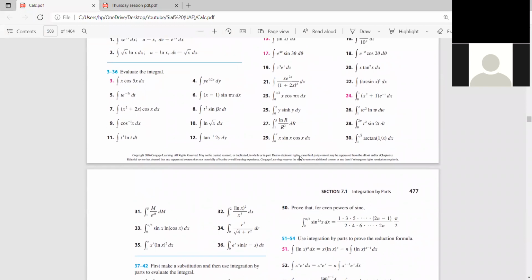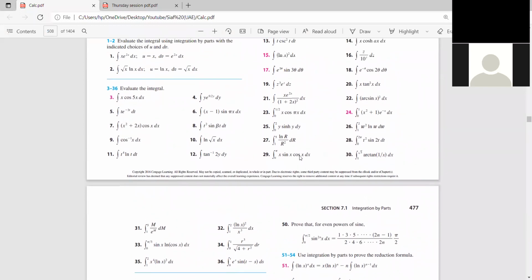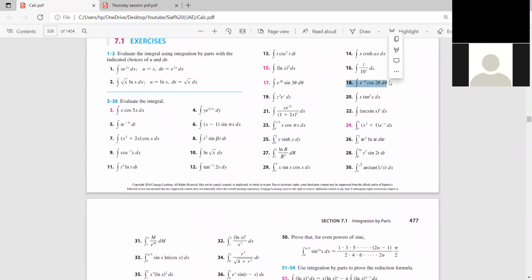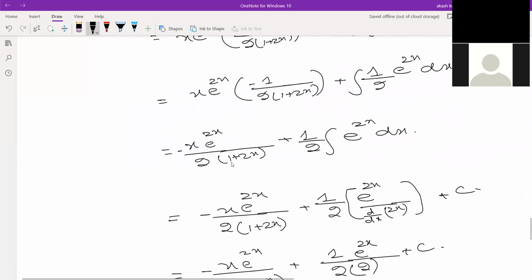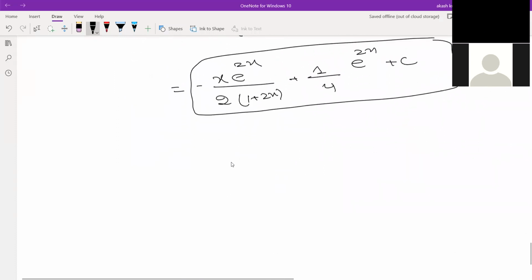What about 18? This one, right? Yes. e to the minus theta cos 2 theta d theta. Okay. e to the minus theta cos 2 theta.